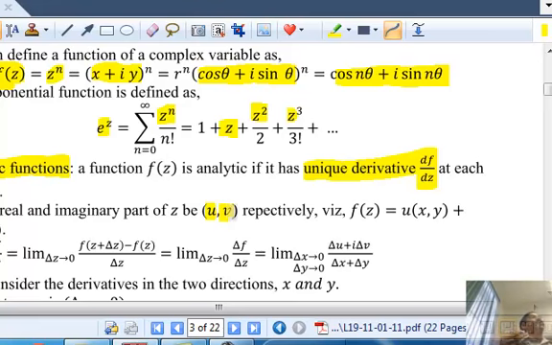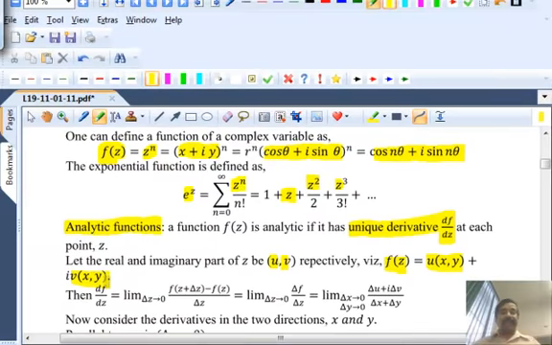We have been calling them psi and phi in potential flow theory, but this is just complex variables. So f of z is equal to u of xy plus i v of xy. Think of it simply as phi plus i psi, for example.